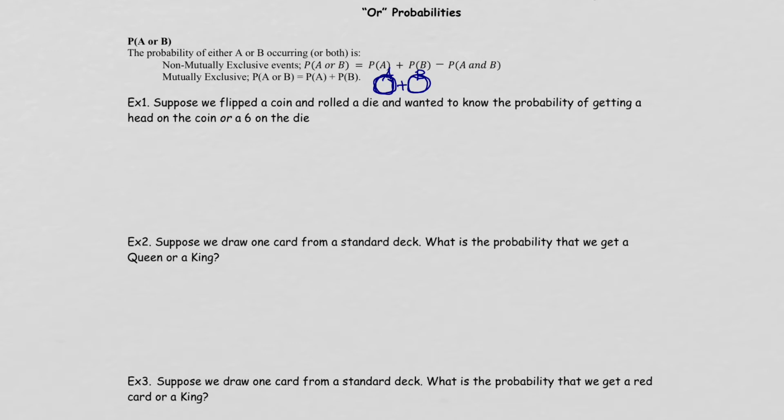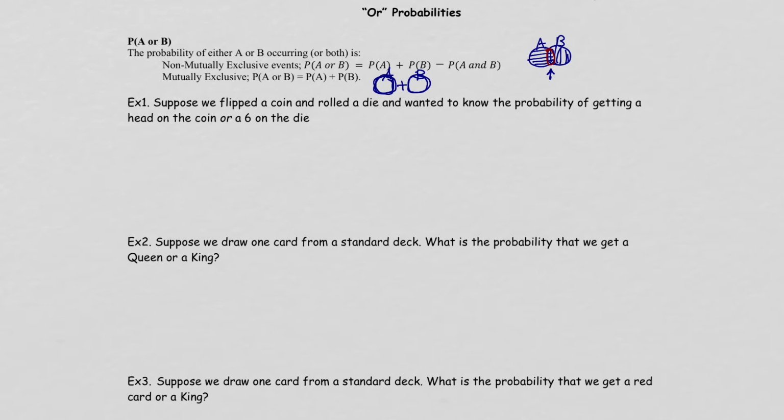But when it's a not exclusive event, it means they're related a little, something like that, event A and event B. When you add these two events, this is event A and this is event B, you end up adding this area twice, this little overlapping area.